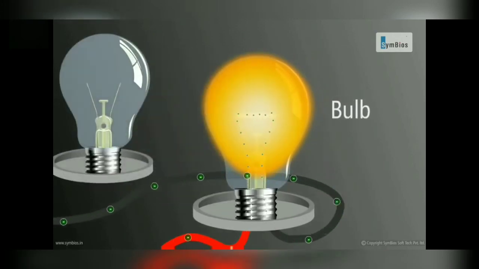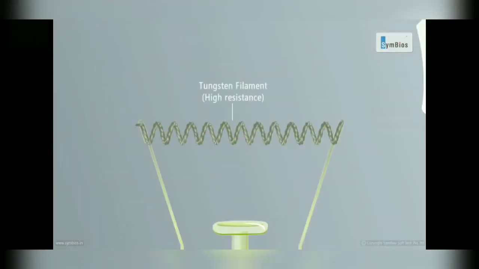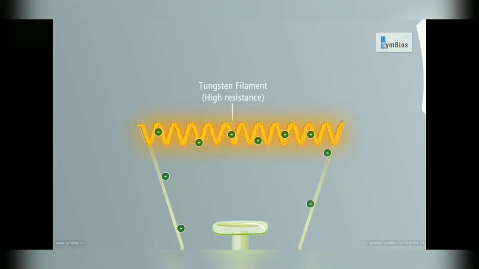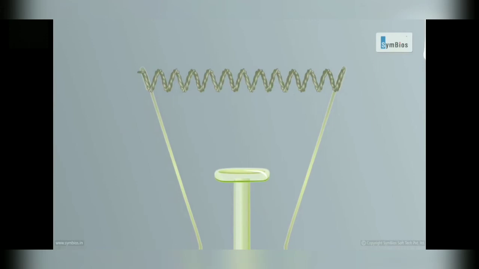A bulb is a closed container with inert gas and a very thin filament. This filament is made up of tungsten metal, which has very high resistance to electricity and an extremely high melting point. Opposite to this, the metallic connecting wires are conductors made up of copper with extremely low resistance.